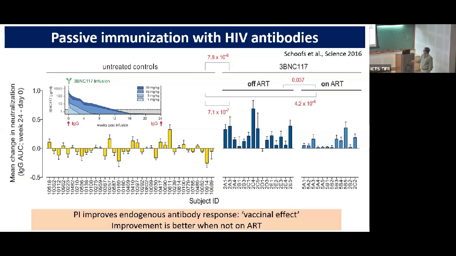So what you're seeing here is this passive immunization improves endogenous antibody responses in what has been called the vaccinal effect, because you have some memory of this antibody infusion long after the antibodies themselves are cleared. And this improvement is actually better when individuals are not on ART. Right? So the question now is why? How does this happen?